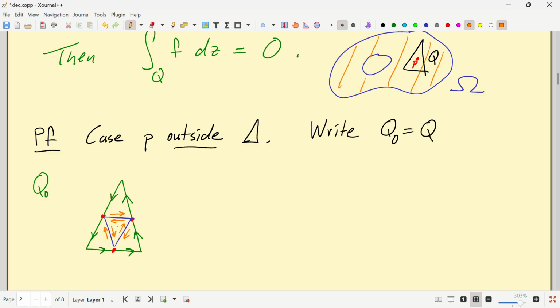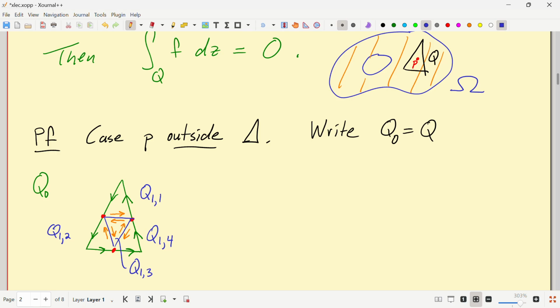Okay, so I'm going to call these smaller triangles, I'll call this top one Q1,1, Q1,2. This one in the middle here is going to be Q1,3, and this one over here is Q1,4.